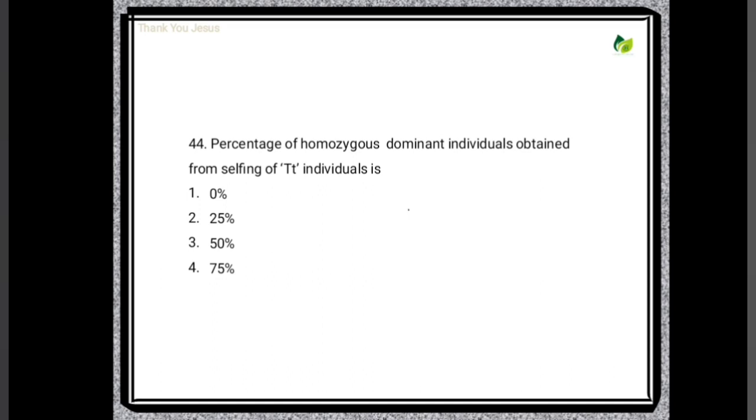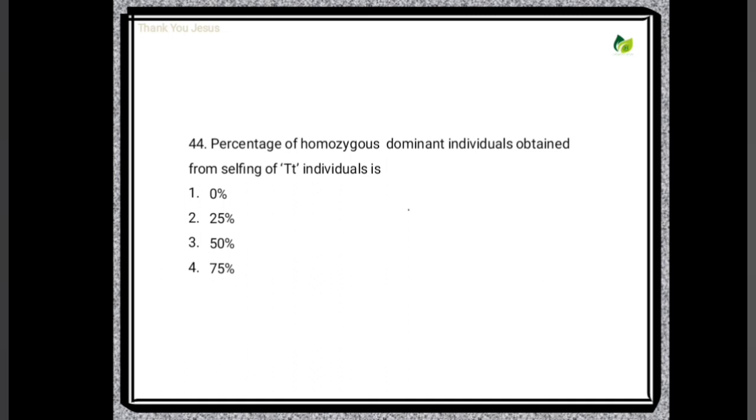Percentage of homozygous dominant individuals obtained from selfing of capital T small t individual is, options are 0%, 25%, 50%, 75%.